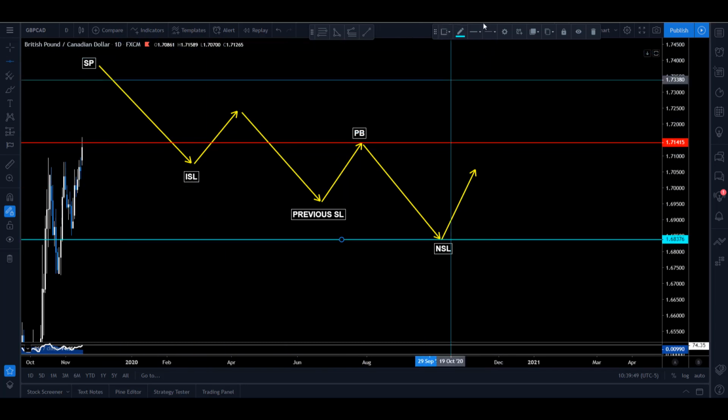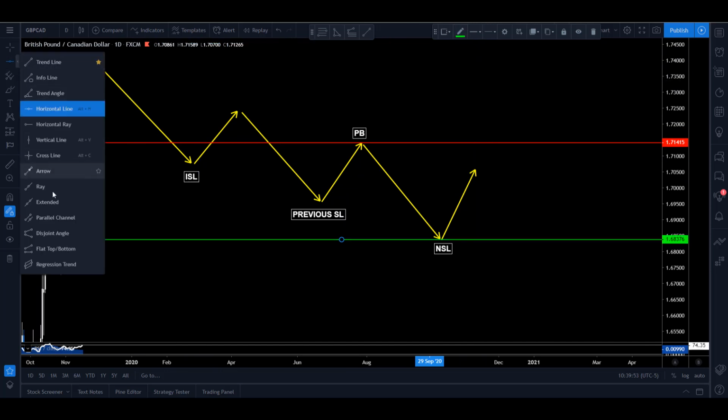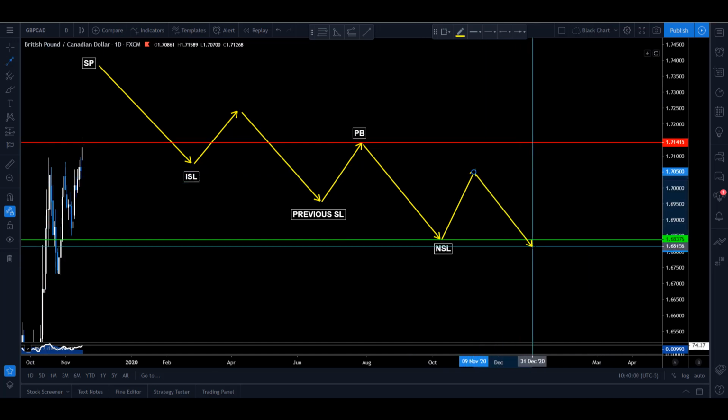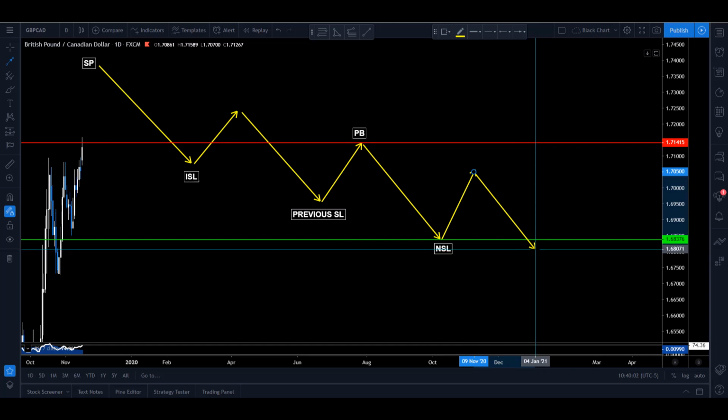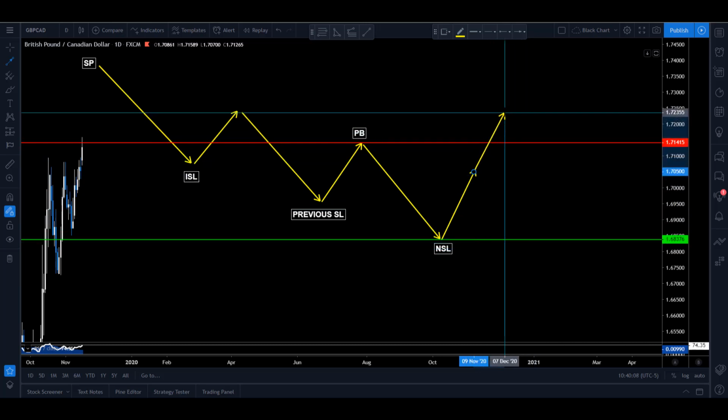And this is how we can easily simplify things, right? If we violate this level, then we confirm the current trend. If we violate this level, then we invalidate the current trend.